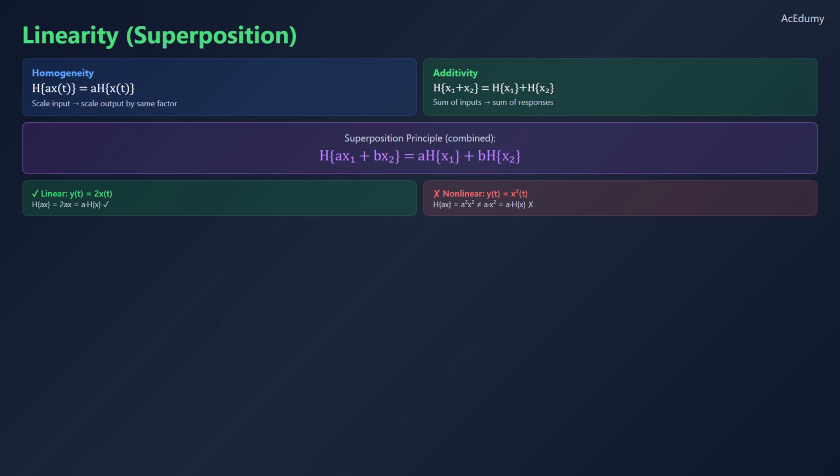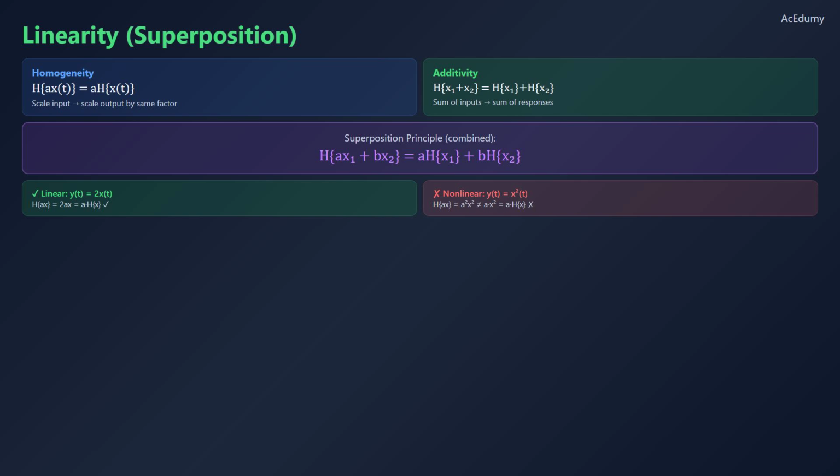Linearity is perhaps the most powerful system property. A system H is linear if it satisfies 2 conditions, homogeneity and additivity, together called superposition. Homogeneity means scaling the input scales the output by the same factor. H applied to a times x of t equals a times H applied to x of t.